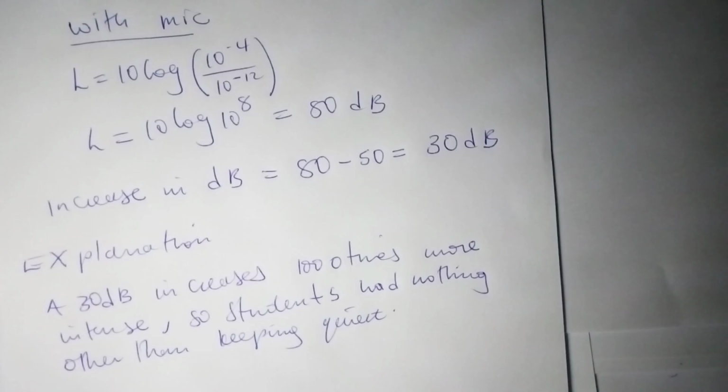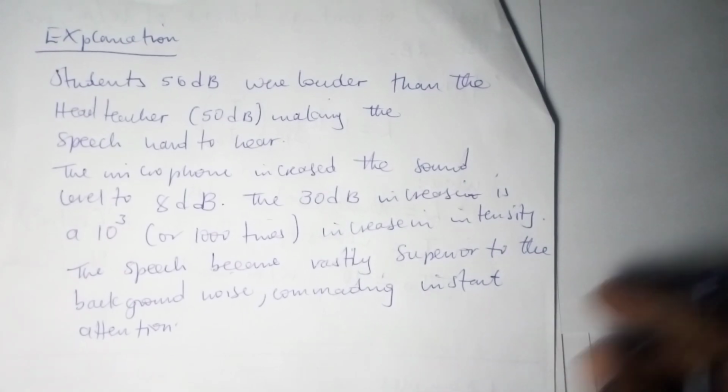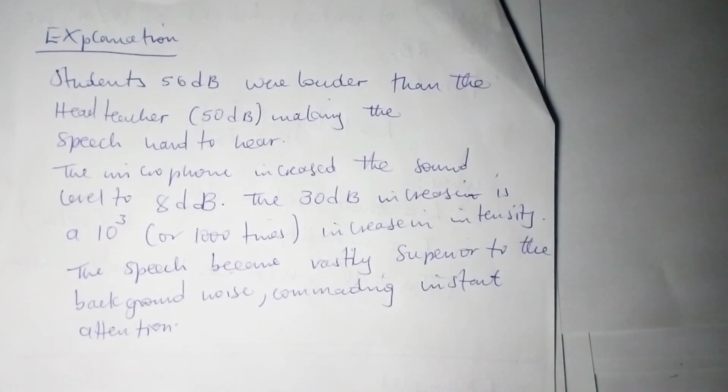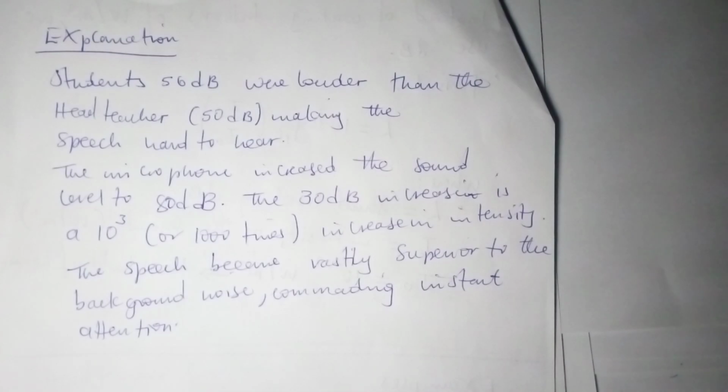Or we can also give another explanation. We can say students at 56 dB were louder than the head teacher at 50 dB, making the speech hard to hear. The microphone increased the sound level to 80 dB.